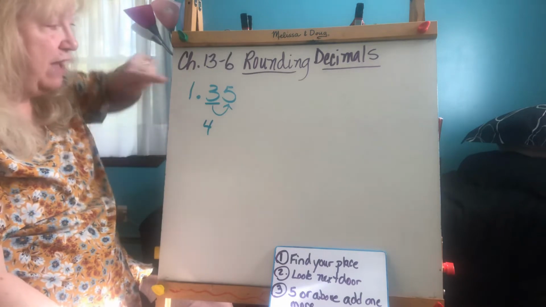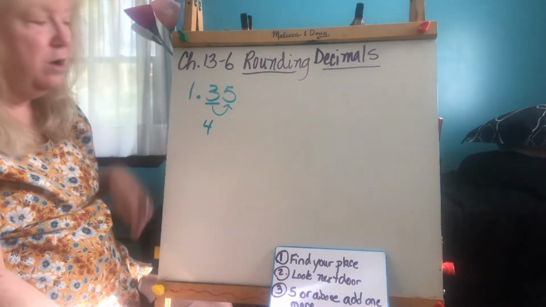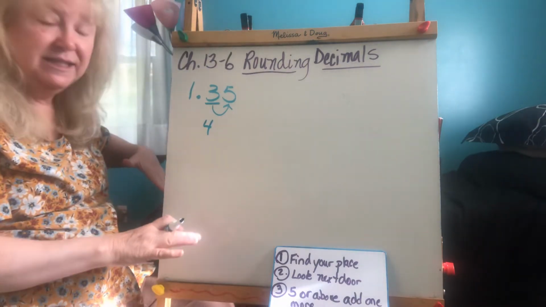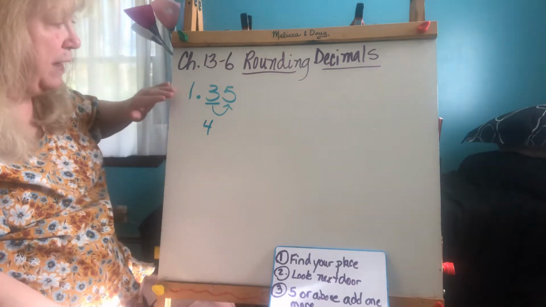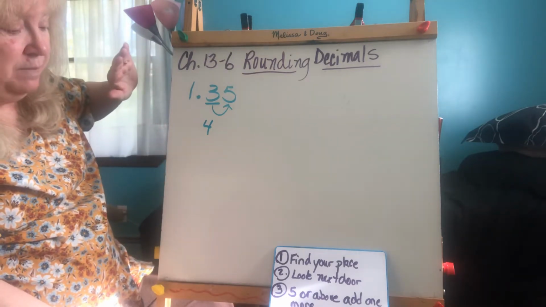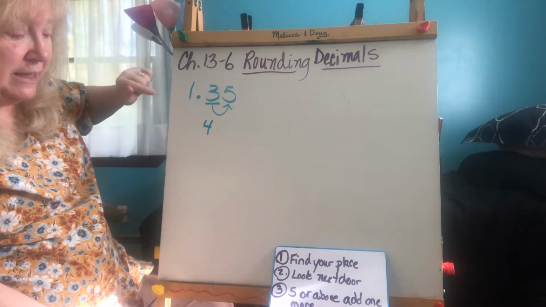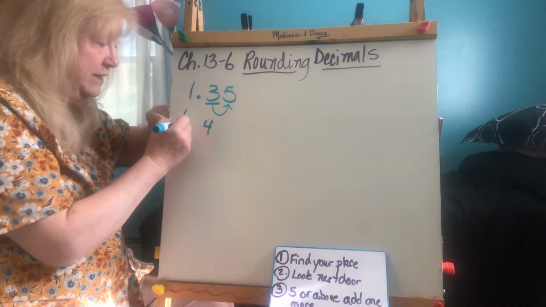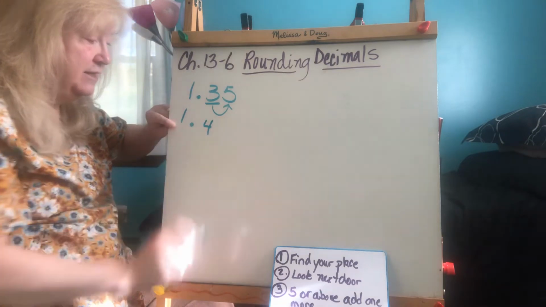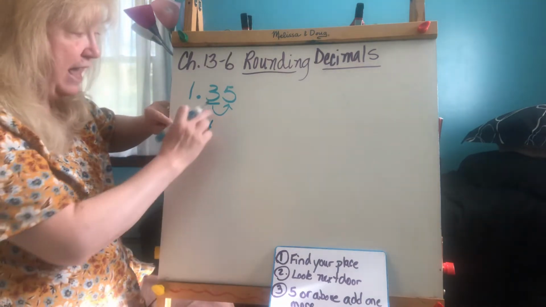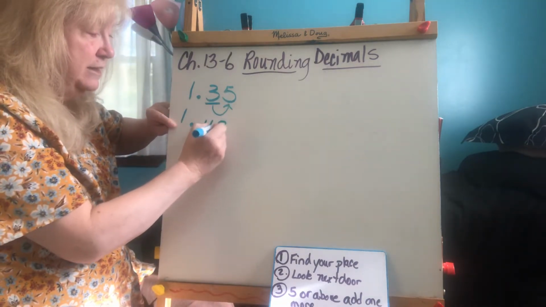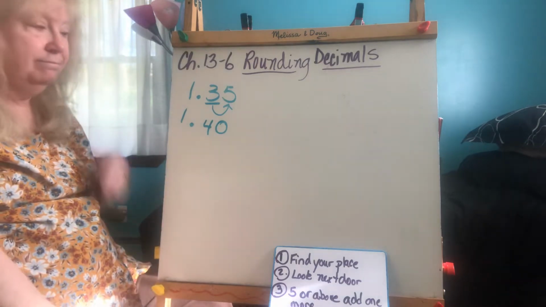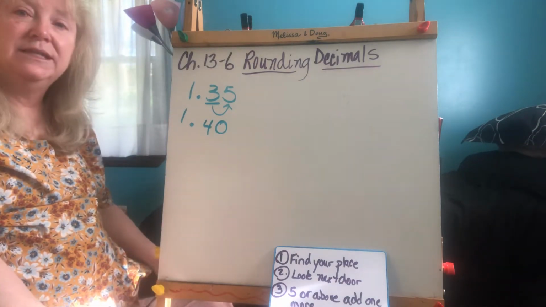So 5 and above, add 1 more. 4 and below stays the same, or you're going to keep it low. Okay? The numbers behind the line stay the same. So the 1 stays the same, the decimal point stays the same, and the numbers after the arrow zeros his name. That is now rounded to the nearest tenth.